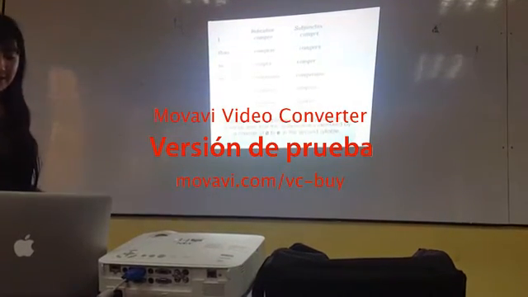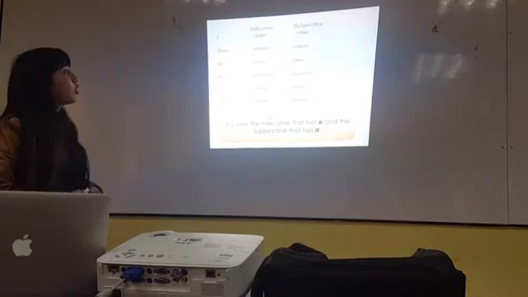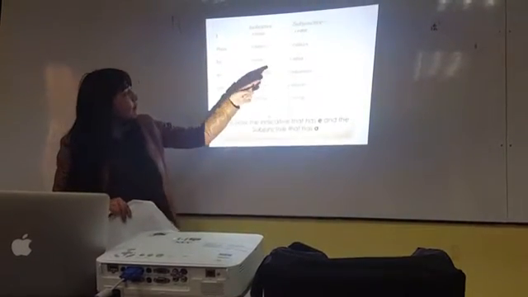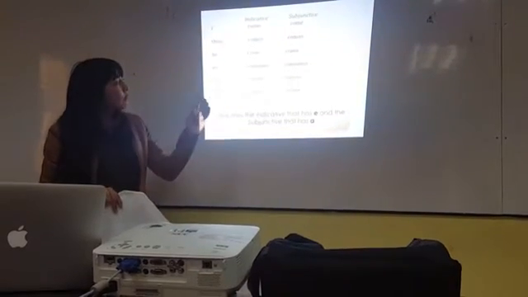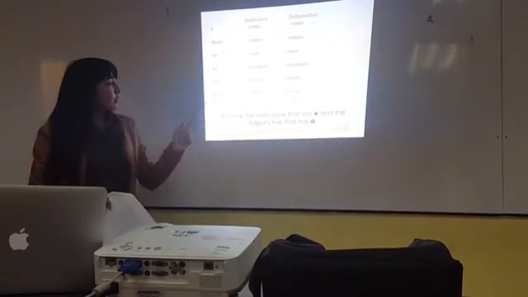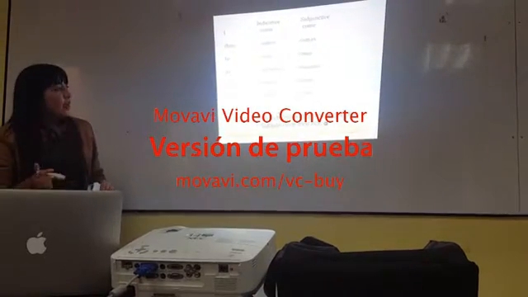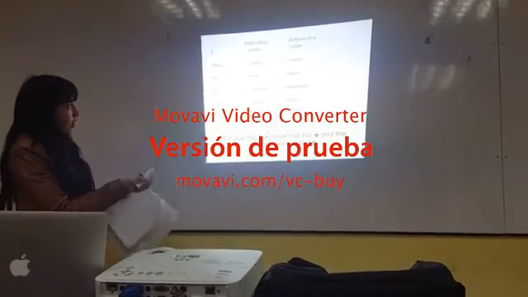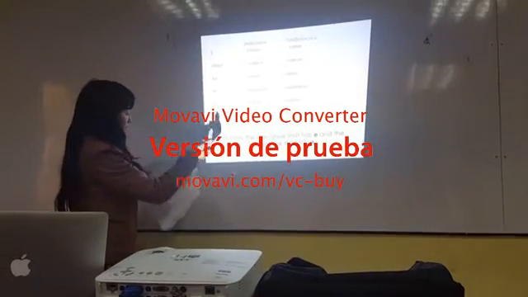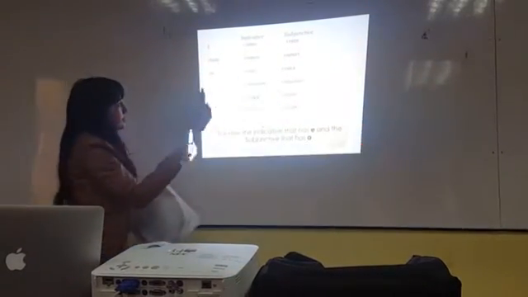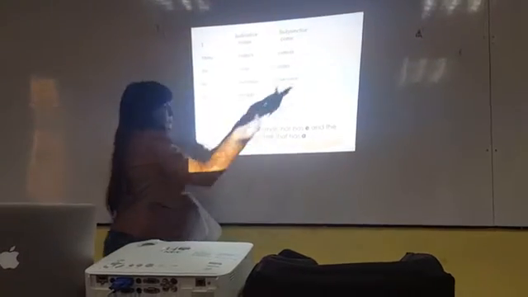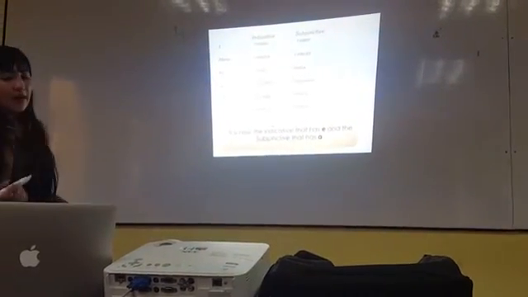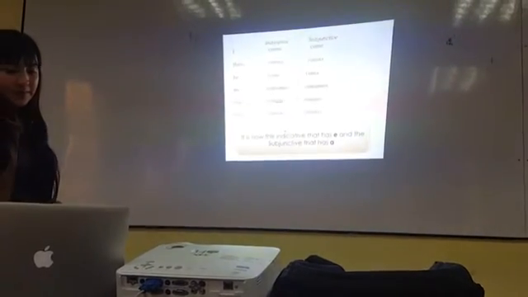But look at the forms in the verb comer. Comes, comas, come, coma, comemos, comamos, coméis, comáis, comen, and coman. This is the reverse. The indicative has e and the subjunctive has a. Similar with the verb vivir.